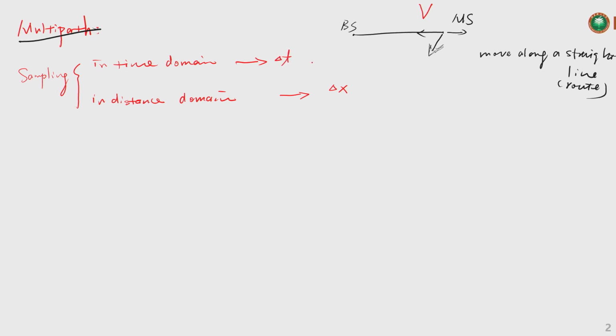Both are related by delta x equals delta t times the velocity v. So the time domain and the distance domain can be converted to each other by the constant speed.